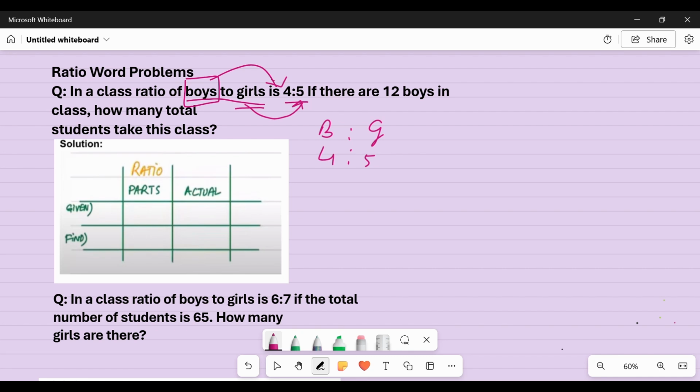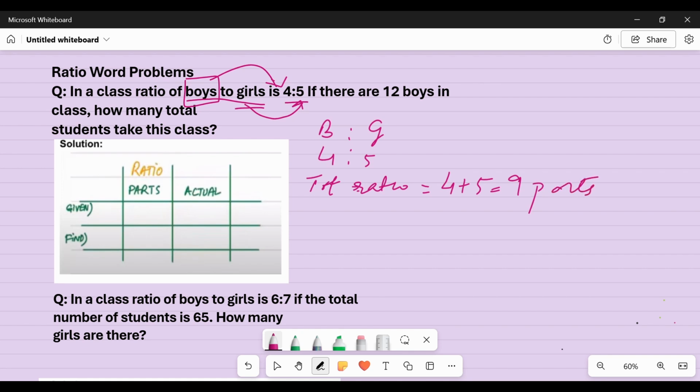So if there are 12 boys in the class, how many total students are there? You need to find the total number of students. The ratio for the boys and the girls is given to you, but we don't have the total part of the ratio. So you can write down: total ratio is equal to 4 plus 5, which gives you 9 parts.